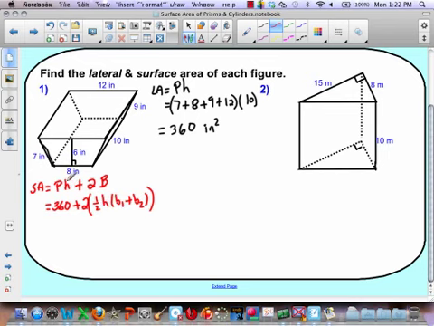So this h up here is the height of the prism versus the height of the base. So also notice this, use mental math whenever you can. What happens with the 2 and my 1/2? Cancel. I've got 360 plus the height of my base times the sum of my bases.